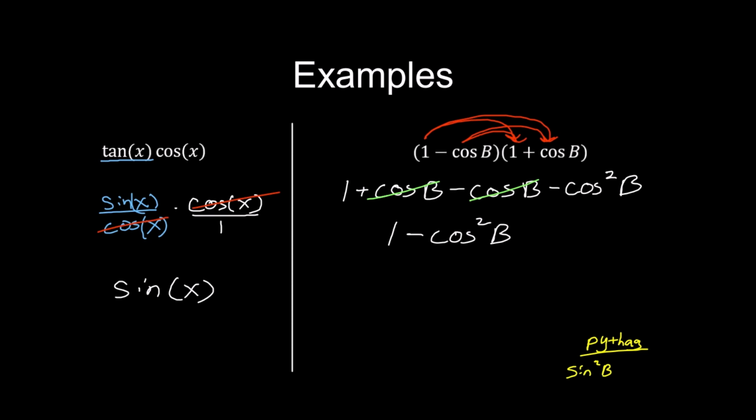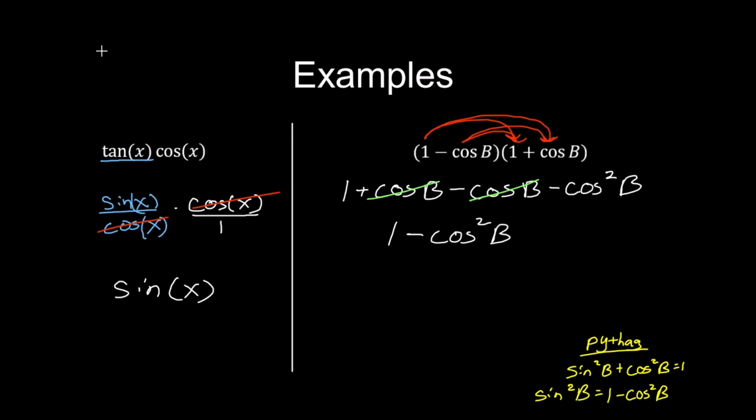Sine squared b plus cosine squared b equals 1. Now, I need to somehow find a way to rearrange this equation to make it look like this. Well, I've already got the 1 off to the right, so I'm going to subtract cosine squared b. When you subtract cosine squared b from both sides, you end up with this.